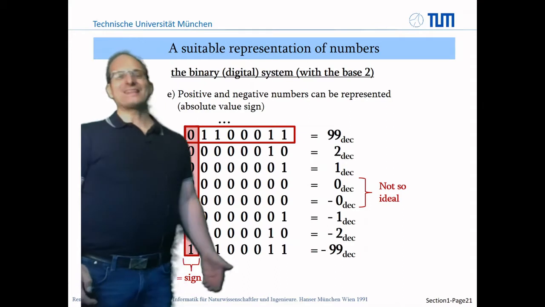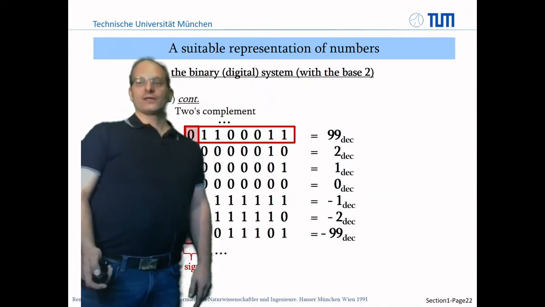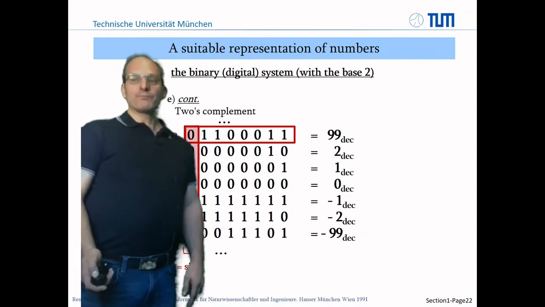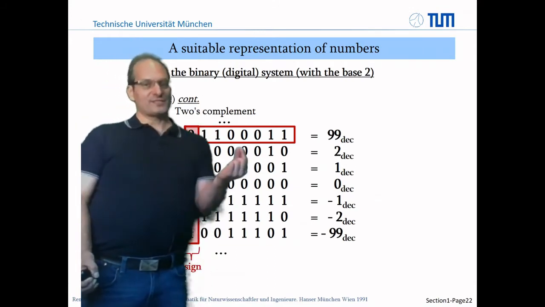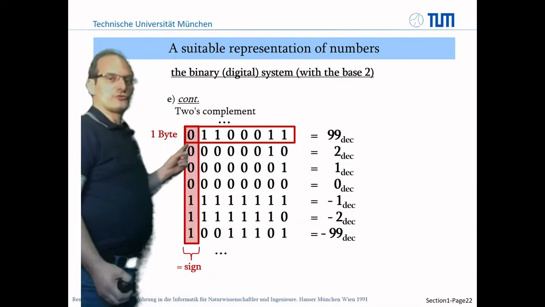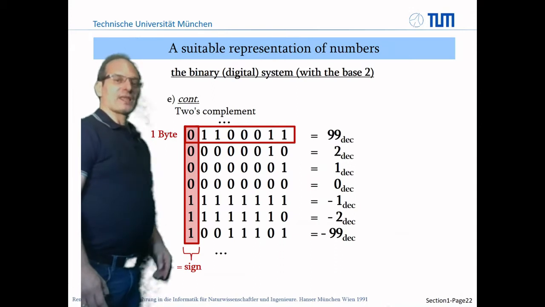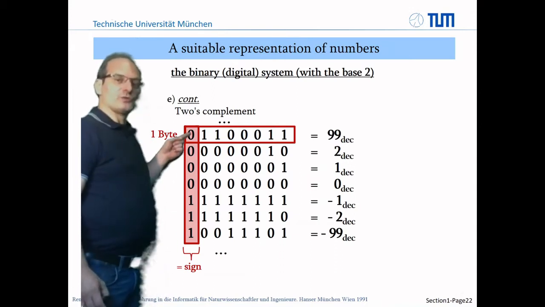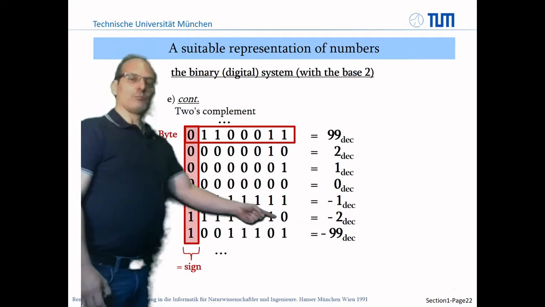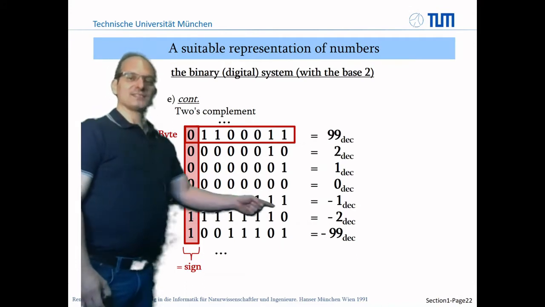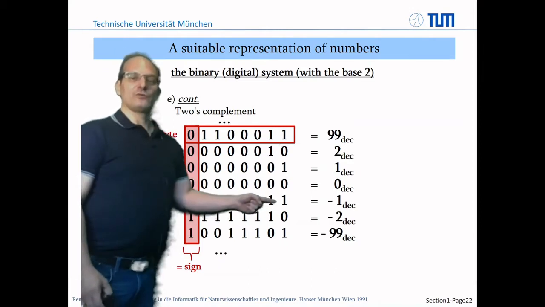To avoid that, you can use a trick which gives you the possibility to have just one 0. And this is called the two's complement. The two's complement is shown here. What you do is you toggle completely all bits, and then you do the same as you do upside, downside here.